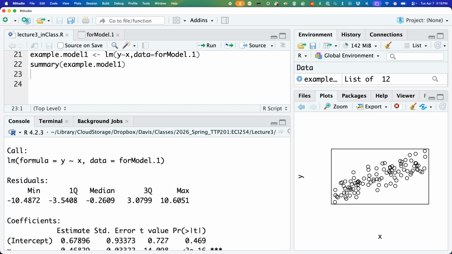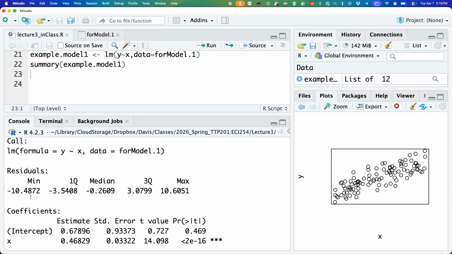So it gives a bunch of information here. And so in addition to what we saw before, it gives me information on the residuals.